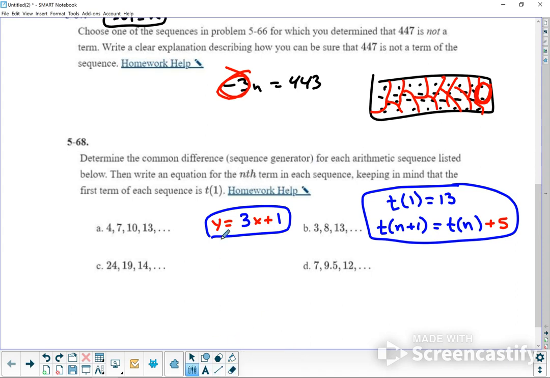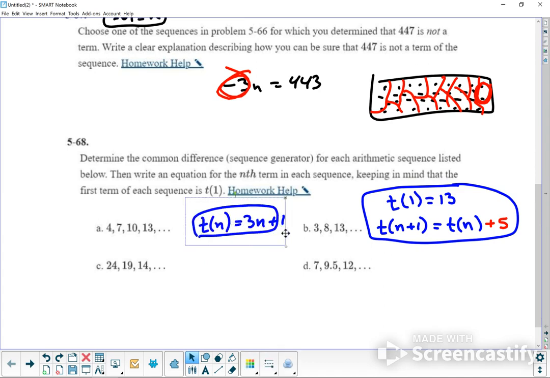And if you want to write this one in terms of the arithmetic term, then you should write something like T of n equals 3n plus 1. Here, that looks a little better. There we go.